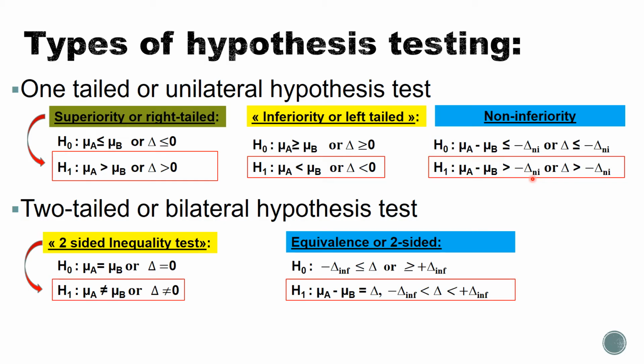Why? For instance, assume that you are the manager of a pharmaceutical laboratory. I don't think you would want to prove that your new treatment, treatment A, is inferior. This is the alternative hypothesis. I don't think you would try to say your new treatment is inferior to the existing or standard treatment.